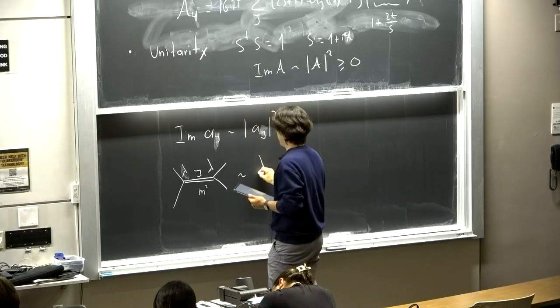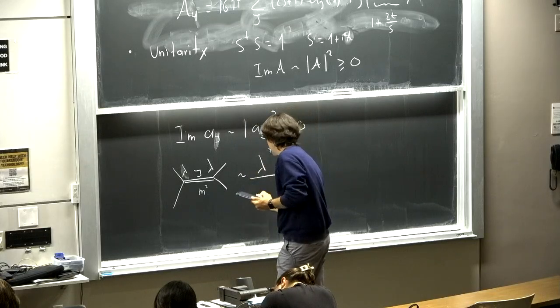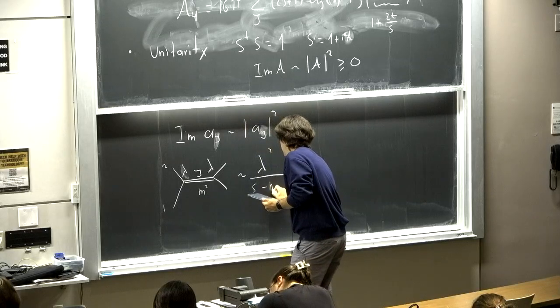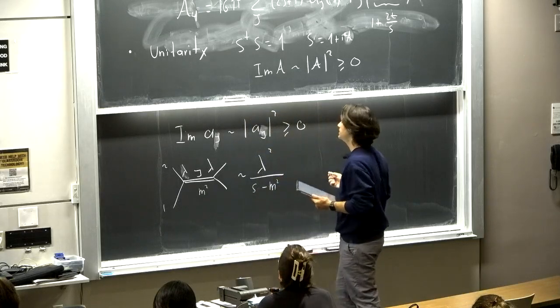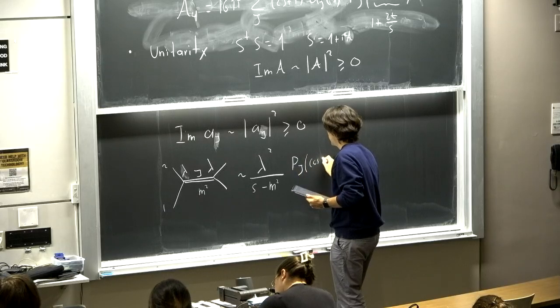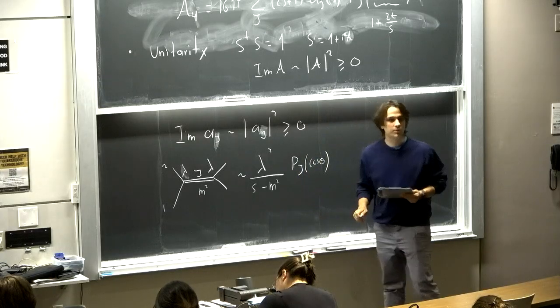So this will go like lambda squared over S minus m squared, and precisely the spin j Legendre polynomial.